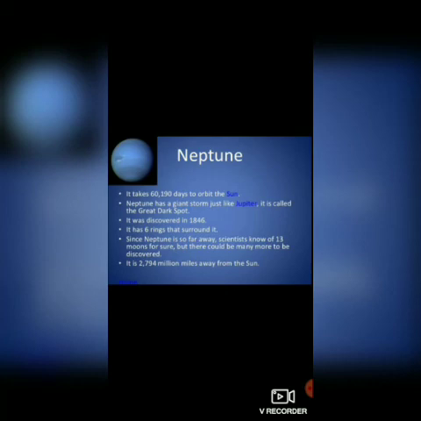Since Neptune is so far away, scientists know of 13 moons for sure, but there could be many more to be discovered. It is 2,794 million miles away from the Sun.